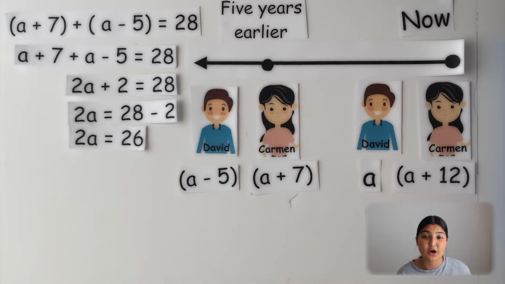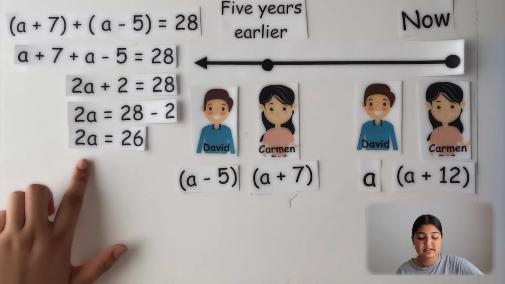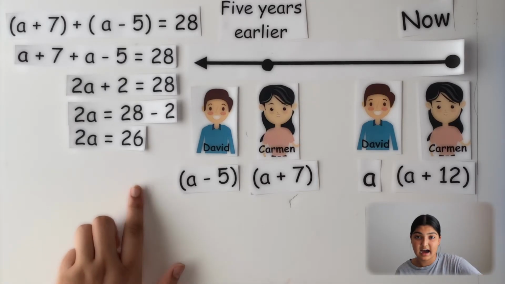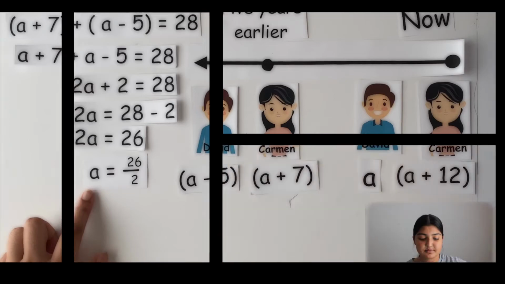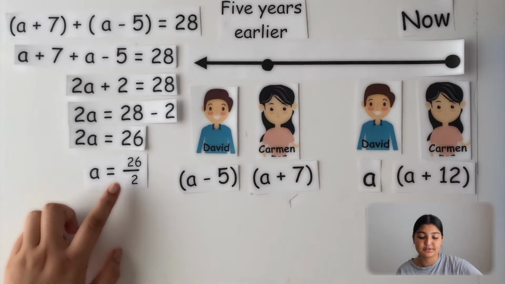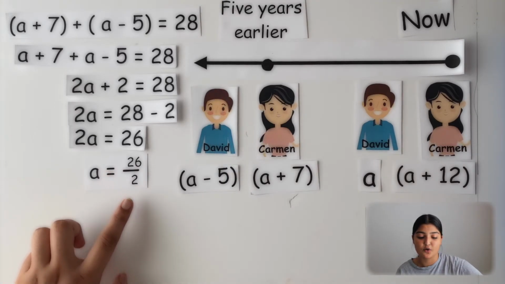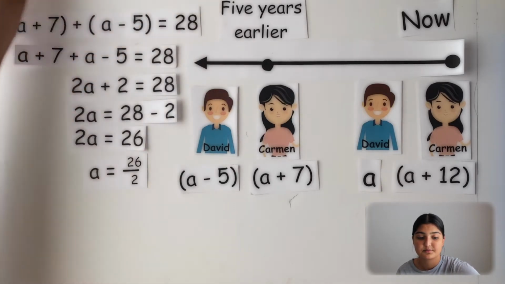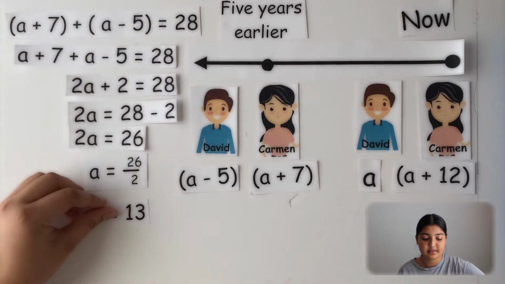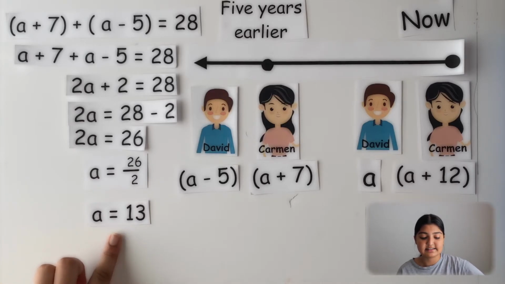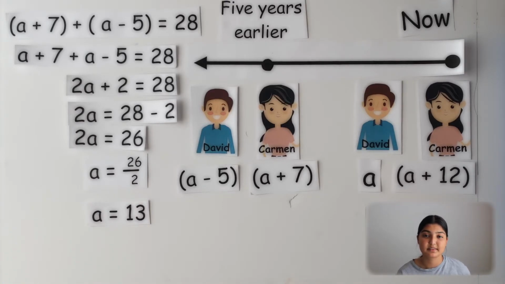But we want to know what the value for A is. So let's take 2 to the other side of the equation. A is equal to 26 over 2. So A is equal to 13.